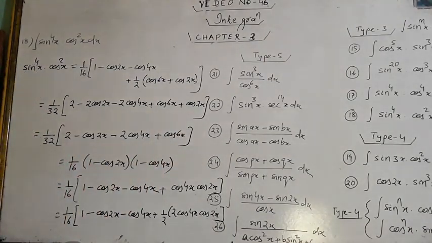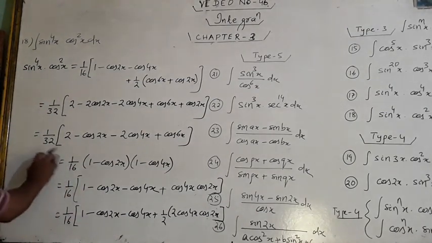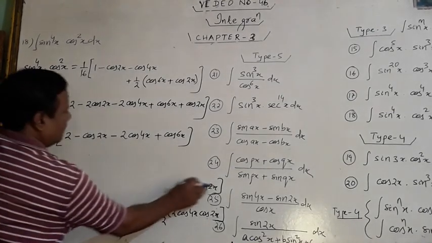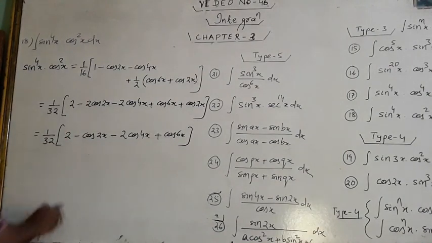Look at here, the total sine 4th cos square x expansion is this. It is in the form of angle. Earlier it was in the form of power. Convert it to the form of angle, then you can integrate it.